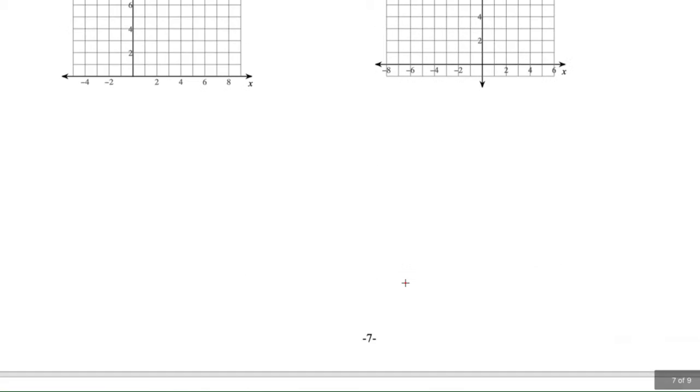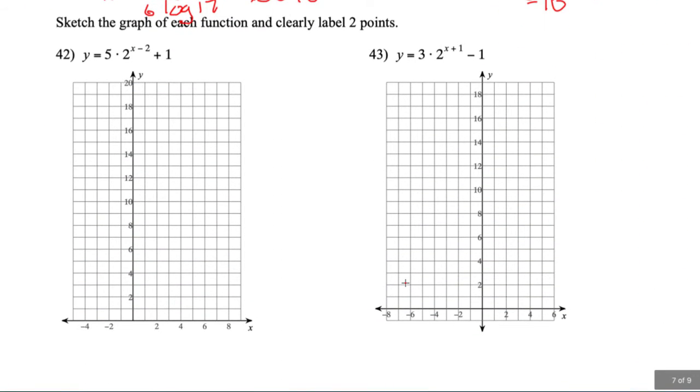All right, I'm now on to number 42. We need to sketch these, and this is going to be a lot easier on the multiple choice, obviously, because I can just choose one that's correct. But my parent function, so I'm going to follow 2 points around. My parent function is 2 to the power of x. So what does 2 to the power of x look like? Well, it always goes through 0, 1, because if I plug in 0, 2 to the power of 0 has a height of 1.